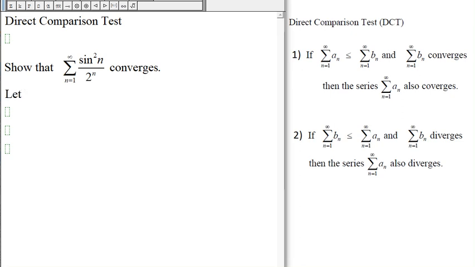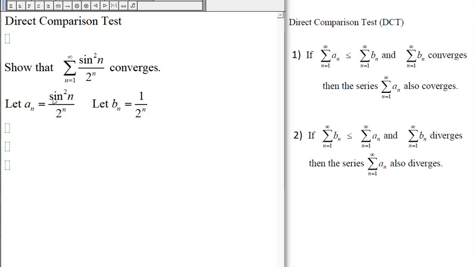So we can let a sub n be the given sequence here. And then we can let b sub n be 1 over 2 to the n.